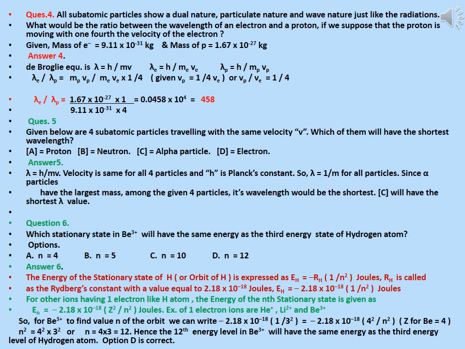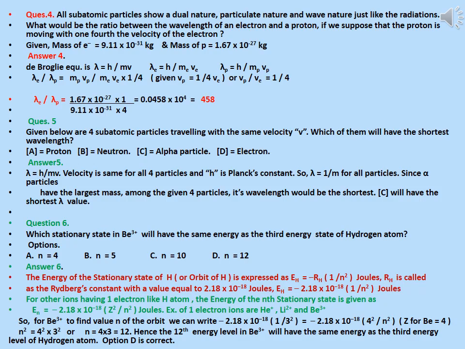Using de Broglie's relation, we can find the ratio between lambda E and lambda P. We know that lambda is equal to h by mv, where h is the Planck's constant. So we write out the equation for lambda E in case of electron.